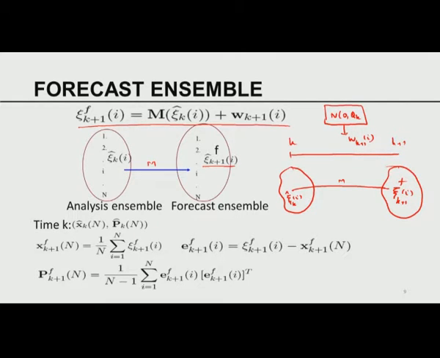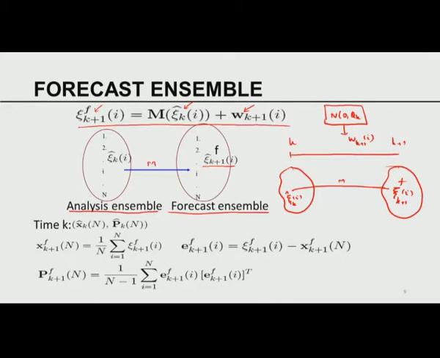So the forecast is random because of two things: one, the previous analysis is random, and two, this is the additional randomness we are adding. That's how I generate the forecast ensemble. From the analysis ensemble at time k, I am creating the forecast ensemble at time k plus 1.